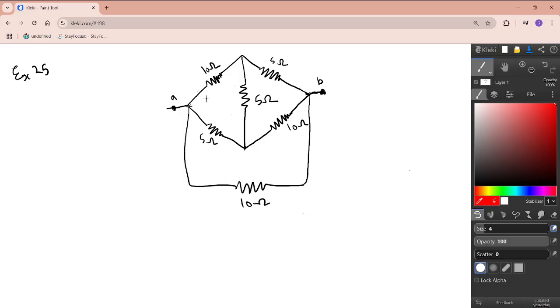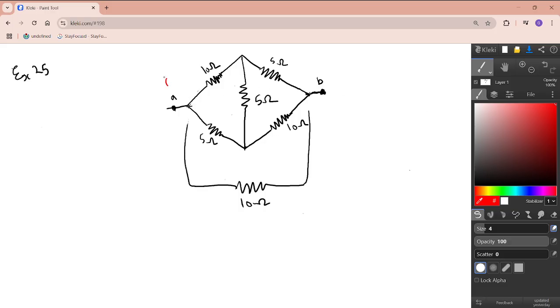So let's say, let's just ignore this 10 for a minute and just calculate the equivalent resistance. So let's just ignore this wire for a second. Let's just cut it. And let's say a current I enters.